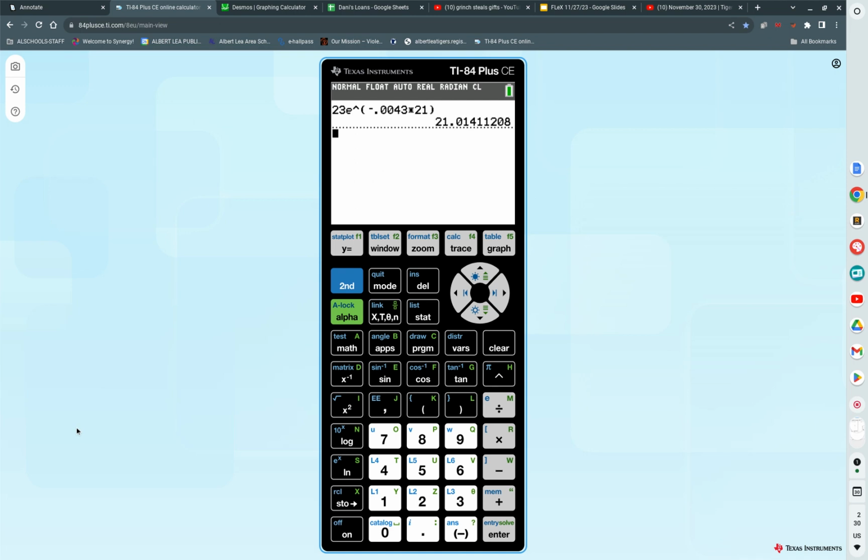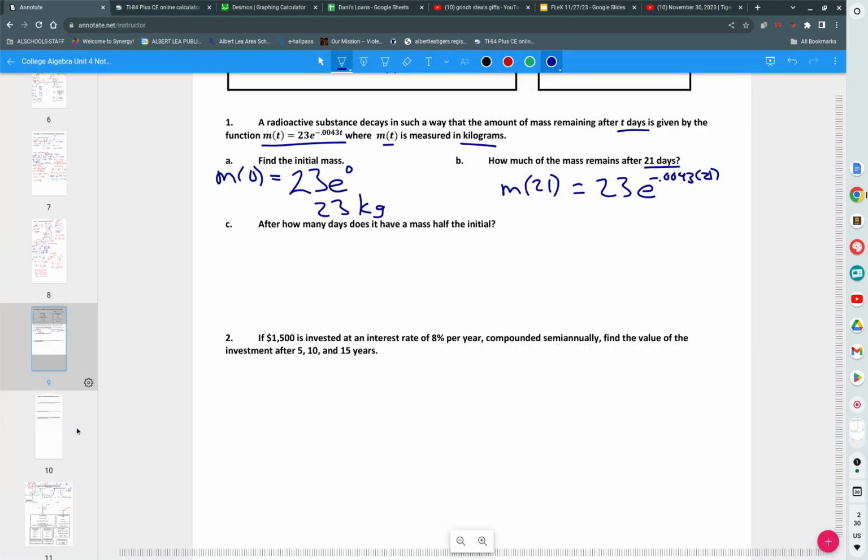And that tells me after 21 days, I have 21.01 kilograms left. Any questions how I got that? Are we okay?